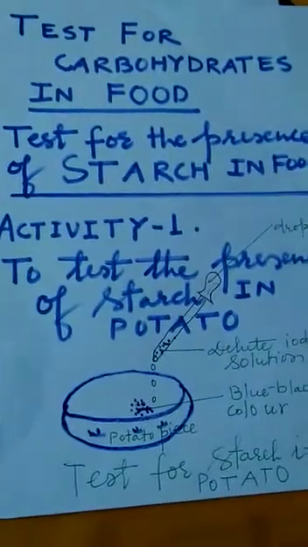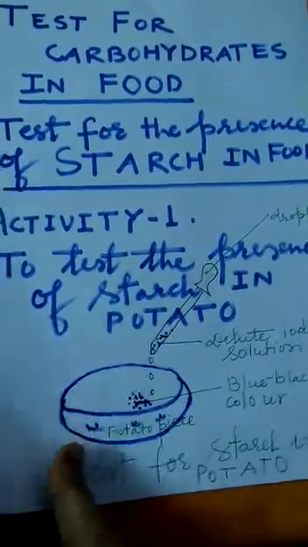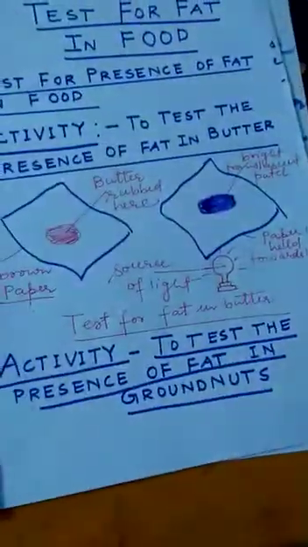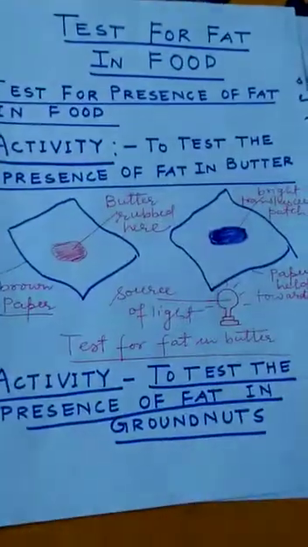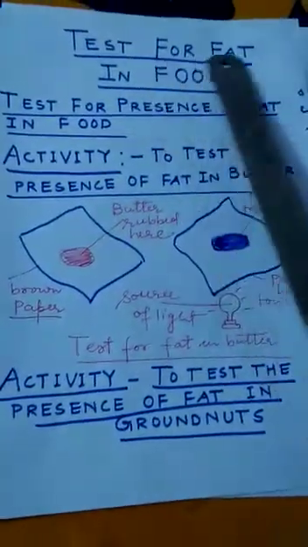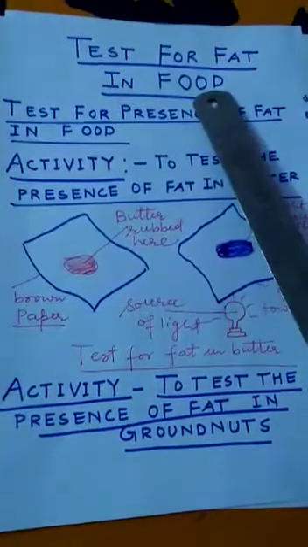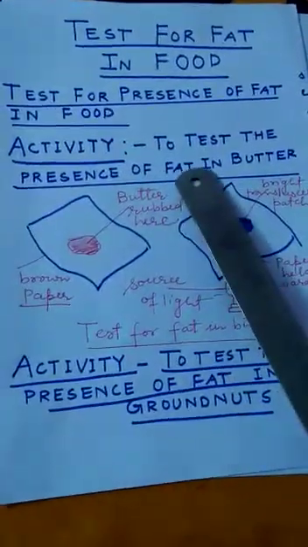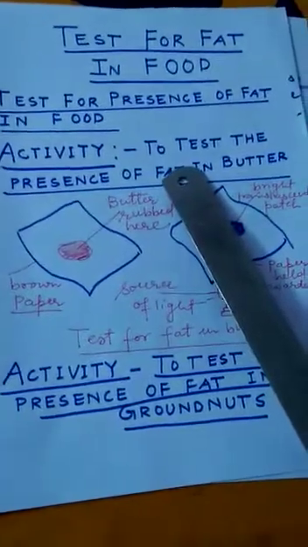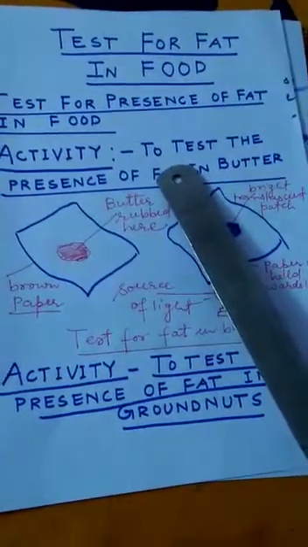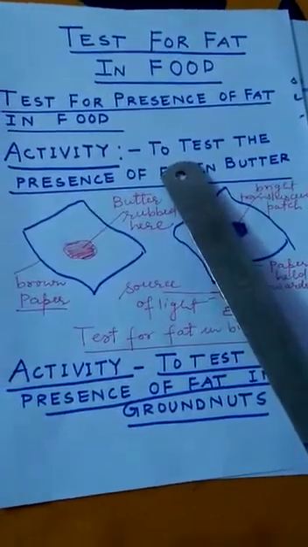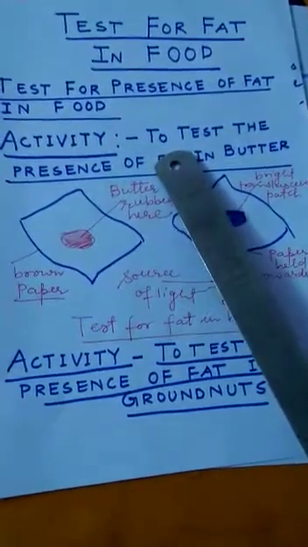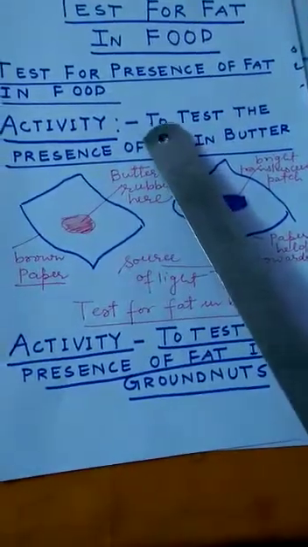Today, I will tell you about the process to test the presence of fat in food. I will take the example of butter and tell you how to test the presence of fat in butter.